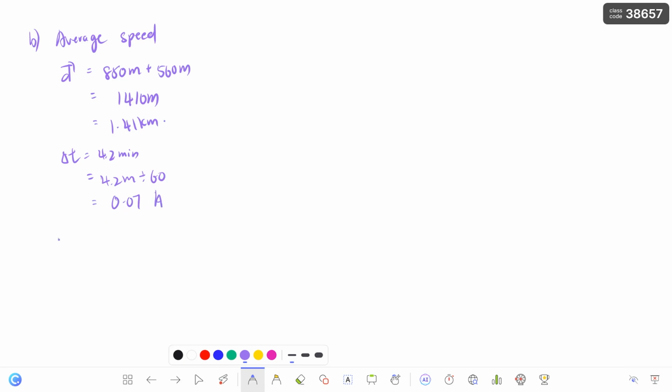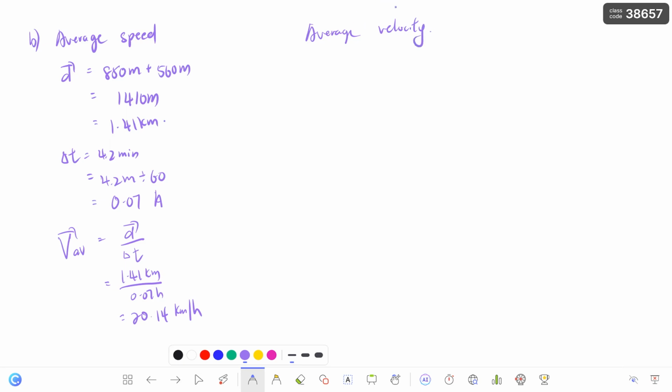And then we apply the formula. The average speed is equal to distance divided by time. The distance is 1.41 km and the time is 0.07 hour. So the answer is 20.14 km per hour.